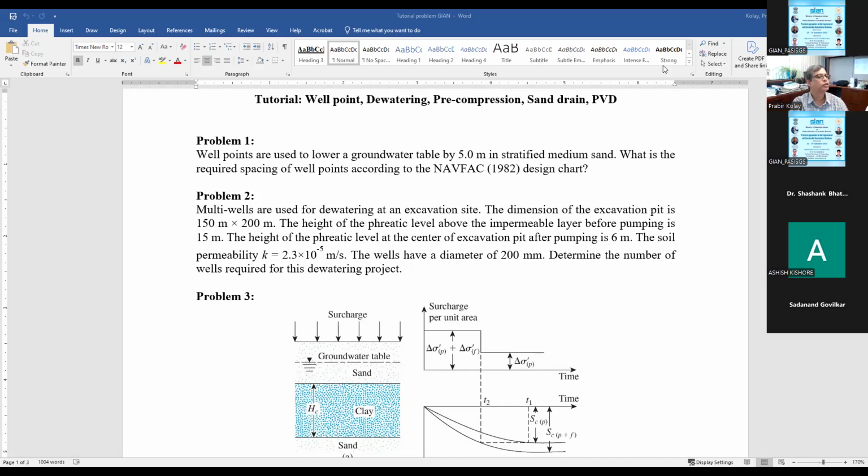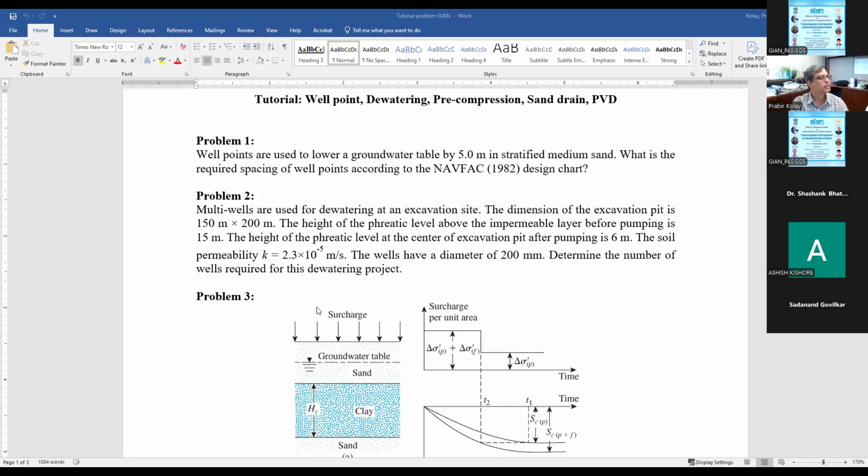The first problem is a very easy problem. I explained that chart this morning. There are two charts; you use that chart. The first column is the groundwater table, and then you draw a straight line to where it meets the type of soil, and you can easily find out.